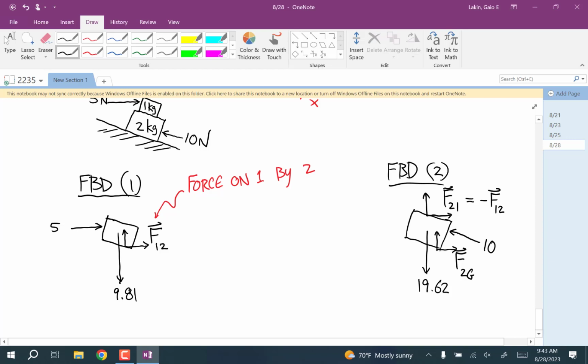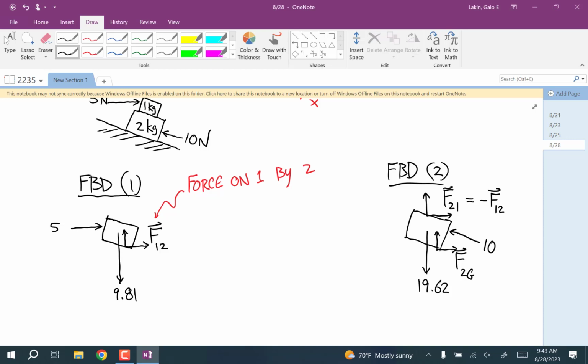If you don't recognize that Newton's third law determines the relationship between them, that's 2 more variables you would have to find. You probably don't have 2 more equations to find 2 more variables. So this is often the difference between being able to solve a problem and not. You always have this battle going on between how many variables I have and whether I have enough equations to solve for all of them.